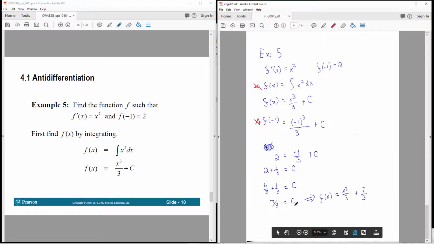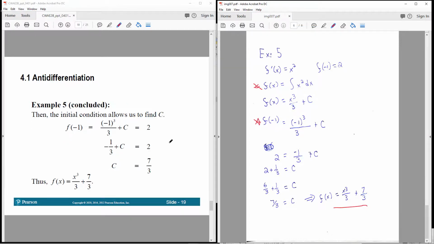That's what my constant of integration is. Then I can plug that back into the original function, and this is my original function here. You can see that's what I did there.